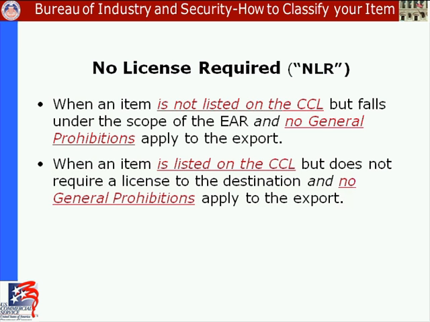If your item is EAR99, you don't have to check the Commerce Control List. You don't have to check the Commerce Country Chart. And then you make sure there's no other general prohibition covering your transaction. Other general prohibition means general prohibitions number 4 to 10.